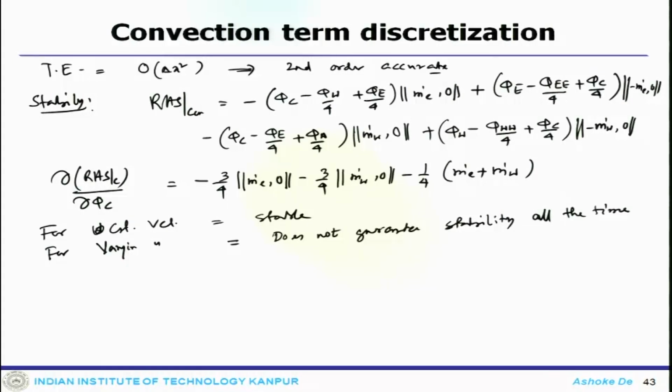It may not. But if you have constant or uniform velocity, this will always provide you back the stability.